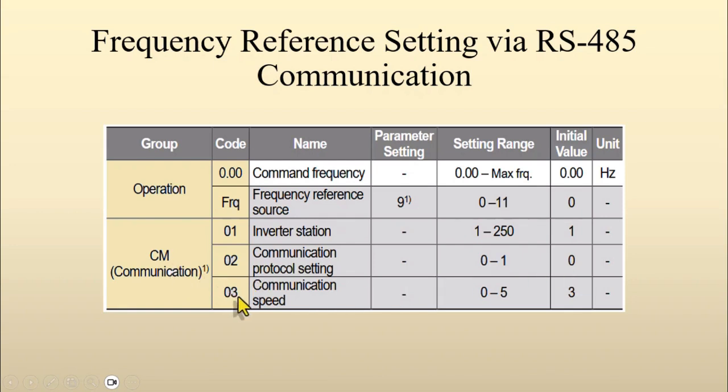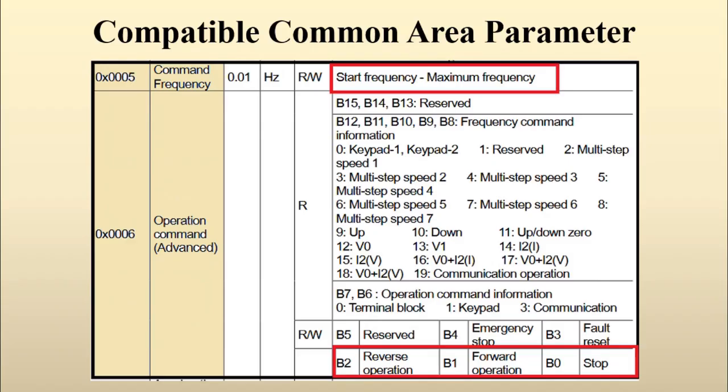Next, in parameter number 3, we specify our communication speed or baud rate. In this case, we want our baud rate to be 9600, so we set this parameter to 3. That covers the essential network settings for the M100 inverter.